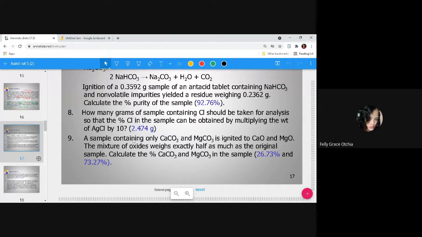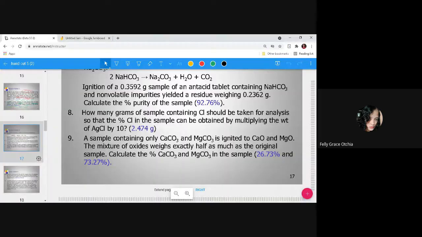How many grams of sample containing chlorine should be taken for analysis so that the percent chlorine in the sample can be obtained by multiplying the weight of AgCl by 100? Okay.